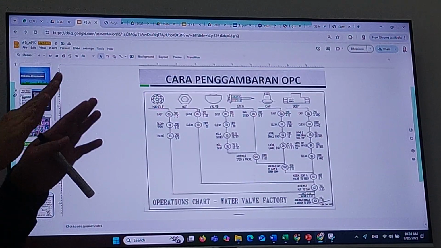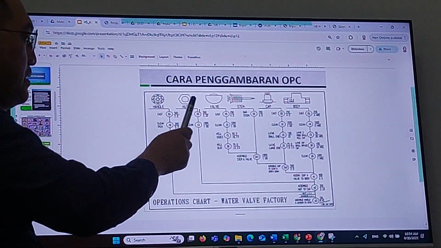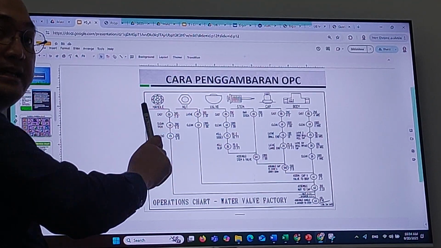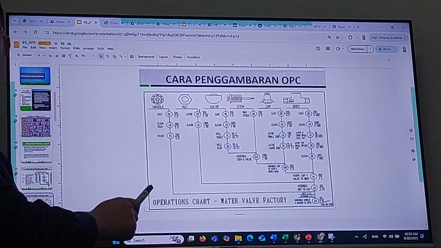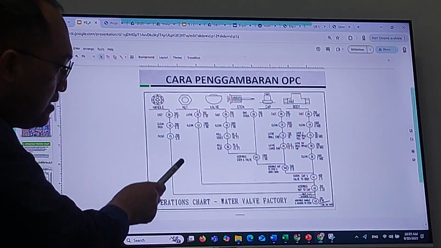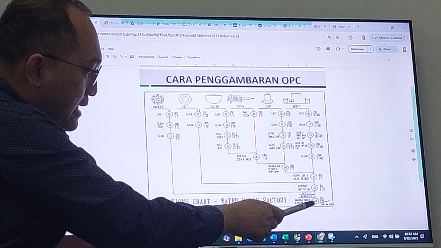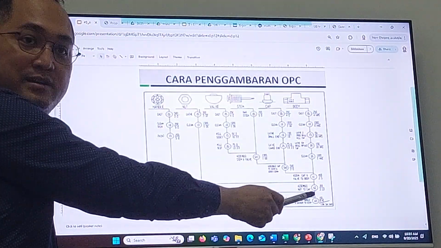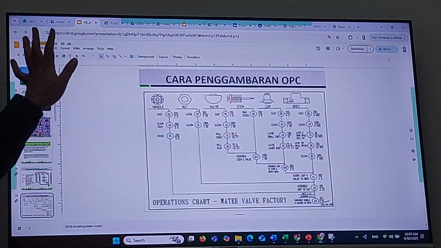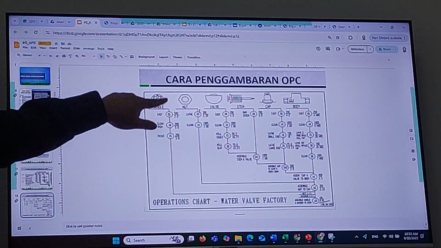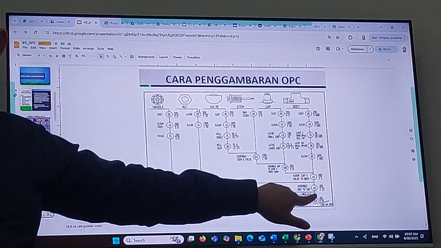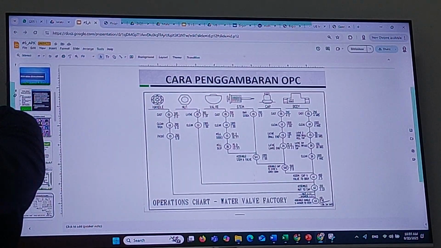So please put the component parts close to the others when they need to be assembled. Because the handle will be assembled at the end of the operation, that's why we put it on the left side, not on the right side.